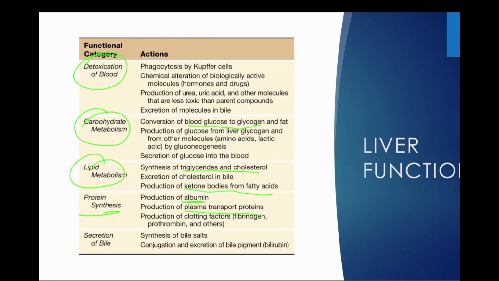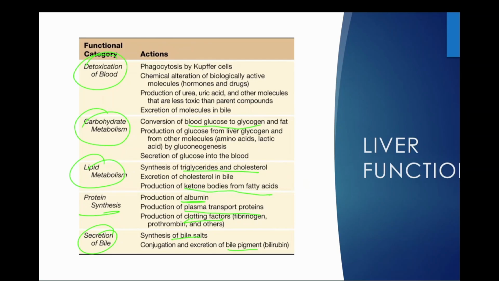They bind to the proteins for a little ride. And our clotting factors. Okay, all those fun ones, factor 10, all those different factors, all come from the liver. And then finally secretion of bile, bile salts, and our bile pigment. These are the 5 functions of the liver.